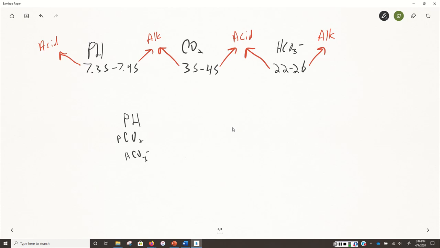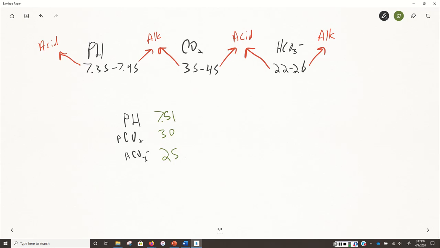So let's go ahead and look at our first patient. We get our ABGs, and they have a pH of 7.51, a pCO2 of 30, and a bicarb of 25. Now, once you have these numbers, here's how I recommend solving these problems.